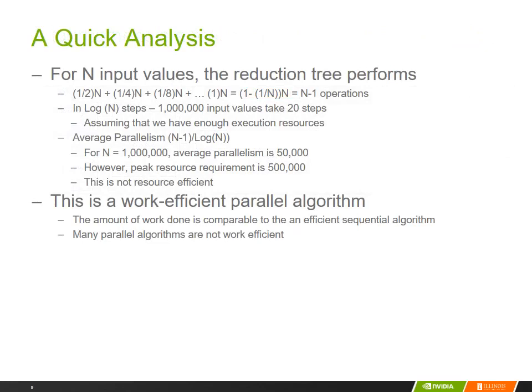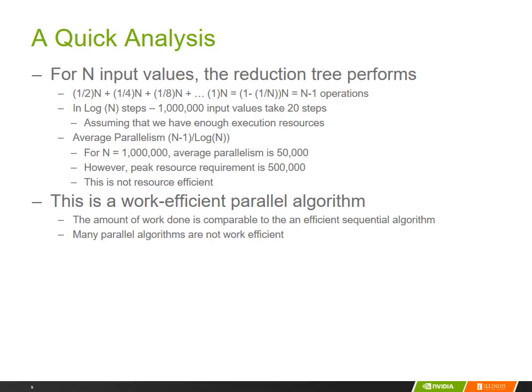When we do a quick analysis of the reduction tree parallel algorithm, for n input values, we will be performing n-1 operations. This is because at the first level, we're going to use half n parallel operations, the second level will use 1/4 n parallel operations, and the next level will use 1/8 of n parallel operations.